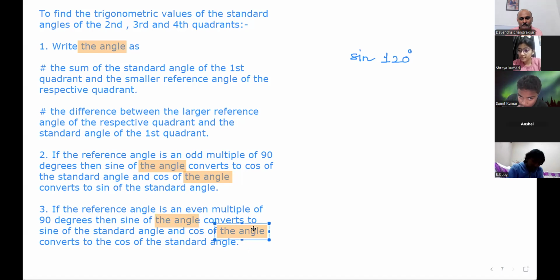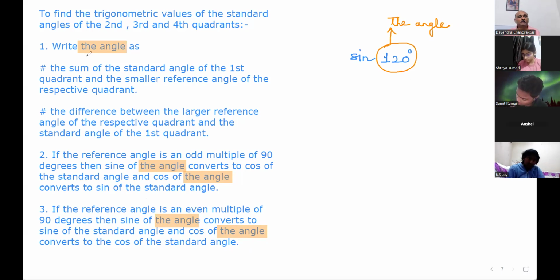Which is this angle which we are talking about? So the angle which we are talking about is this angle. Okay, this is the angle. क्योंकि सब कुछ इसी का करना है हमको. Please pay attention, all of you.